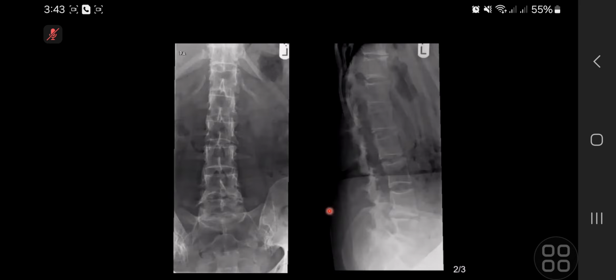So possible causes for this would include durolactasia, and if that's the case, this could be part of neurofibromatosis type 1.